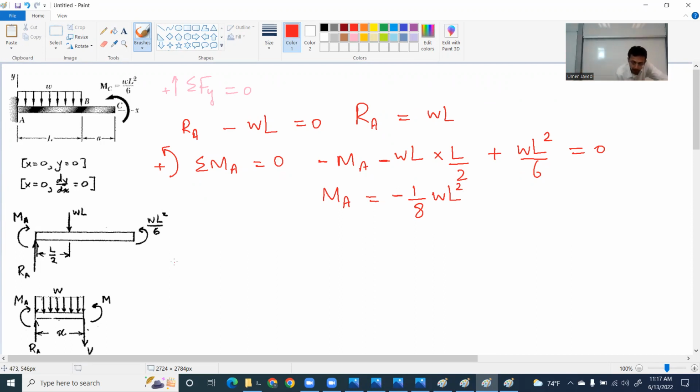Actually, it is equal to minus 1 over 8 W times L square. Am I sure? I mean the constant. So it is really equal to minus 1 over 8 MA? No. This one is WL square by 6.